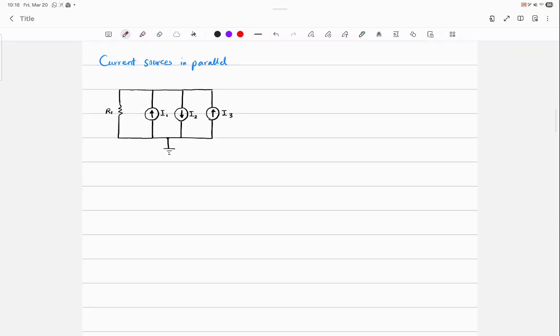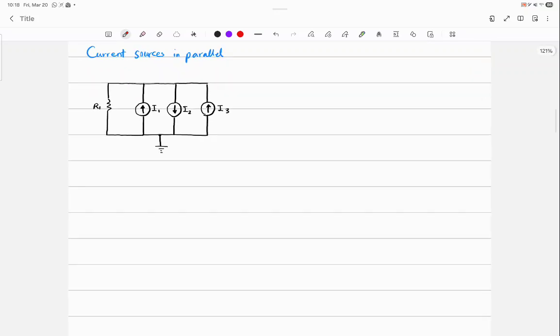Let's see how we can combine current sources. How should I analyze this circuit? KCL.